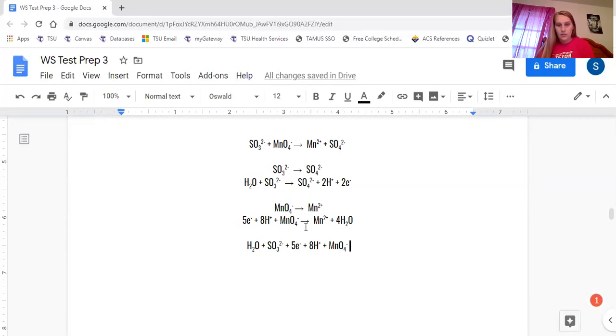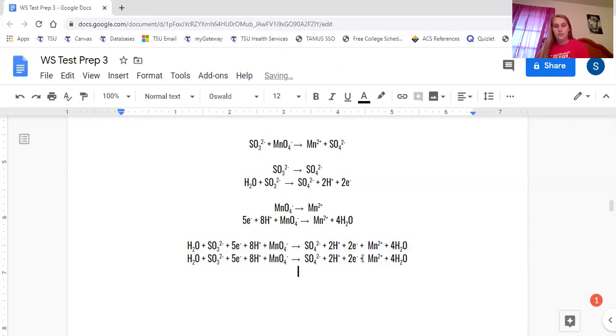And then our lovely arrow, and then the second half of the reaction. And then we have this. All right, so now we're going to take this whole thing and balance it. So we can see what we've got here. Okay, so this is what we're working with.